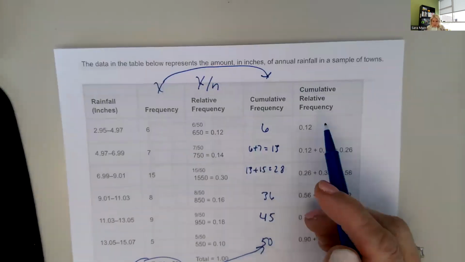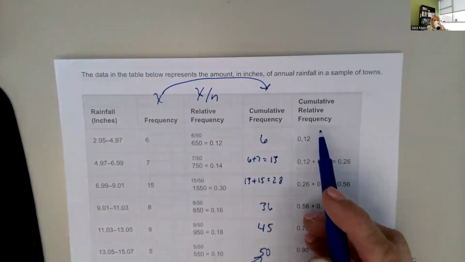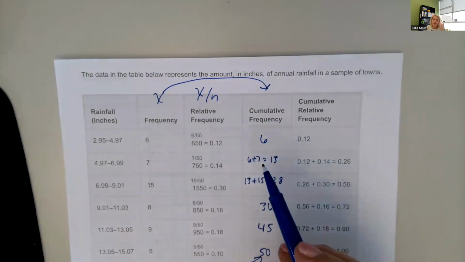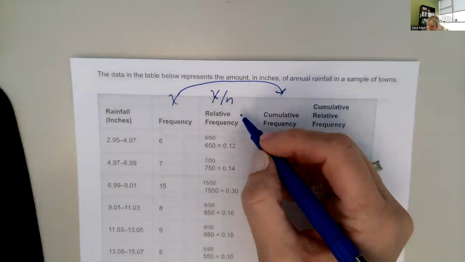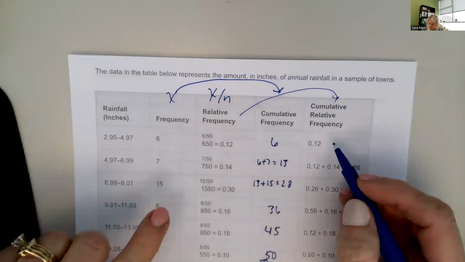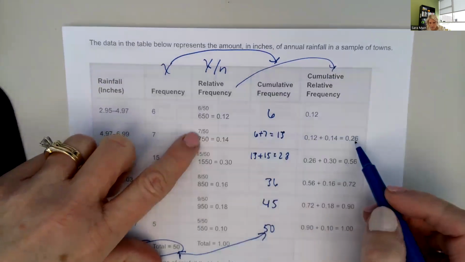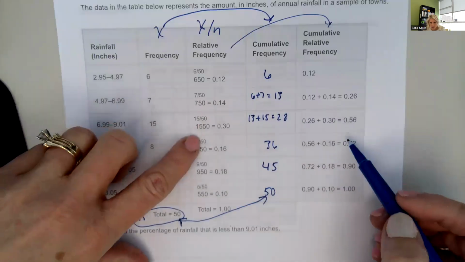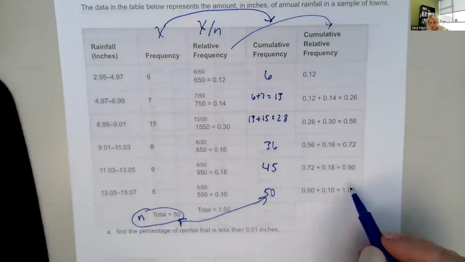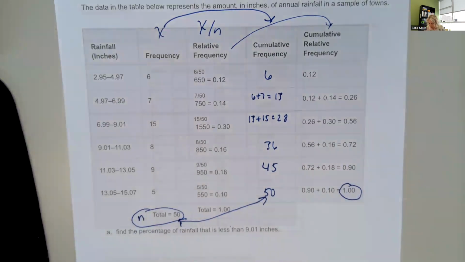Then my cumulative relative frequency is similar in that it's accumulating the relative frequency column. So we start with the original relative frequency of 0.12, and then we add the next one. And then you can see where those just keep adding, and then those should equal 1 or 100%.